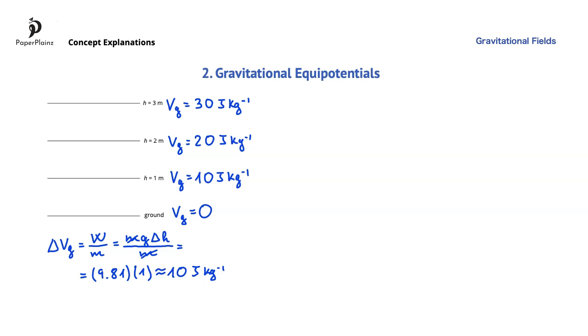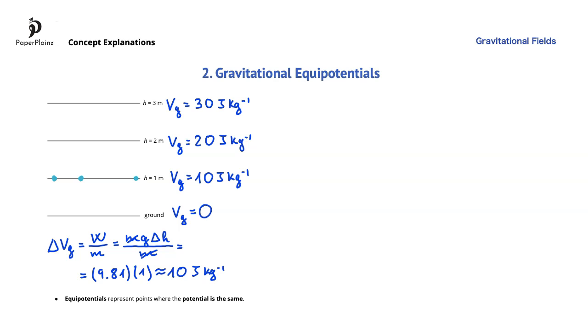You have probably noticed that no matter where we are on a given line, so for example at this point, or this point, gravitational potential is always the same. Because of this, the lines you see here are called gravitational equipotentials. Based on what we just discussed, we can write that equipotentials represent points where the potential is the same.